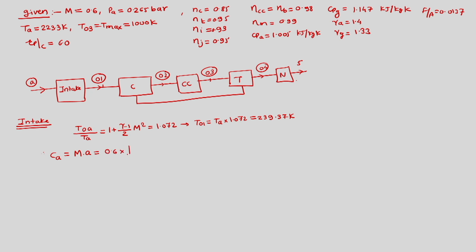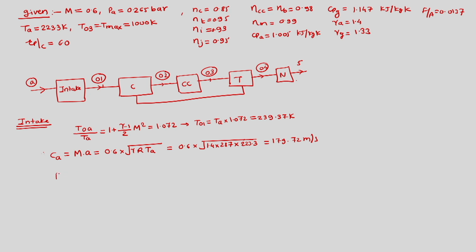Mach number is 0.6, acoustic speed is square root of gamma R Ta. So it is 0.6 into square root of 1.4 into 287 into 223.3, and this gives us velocity as 179.72 meters per second. Then we know now what is the velocity at the ambient condition.